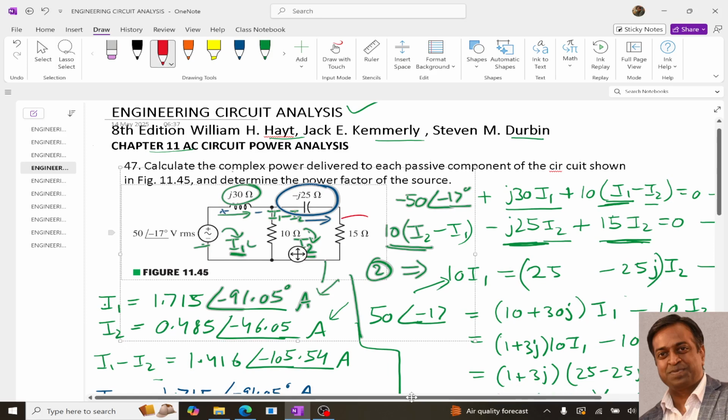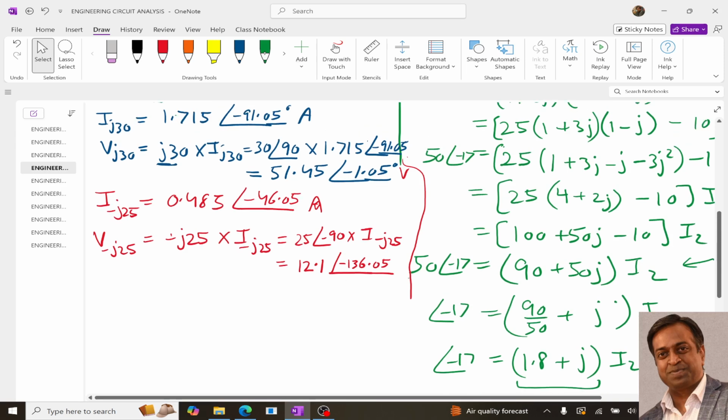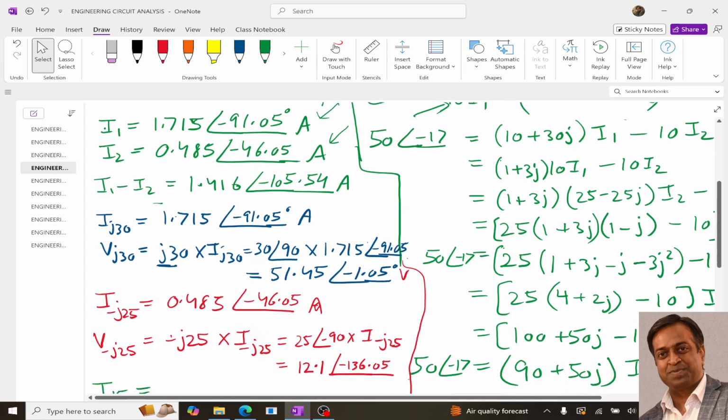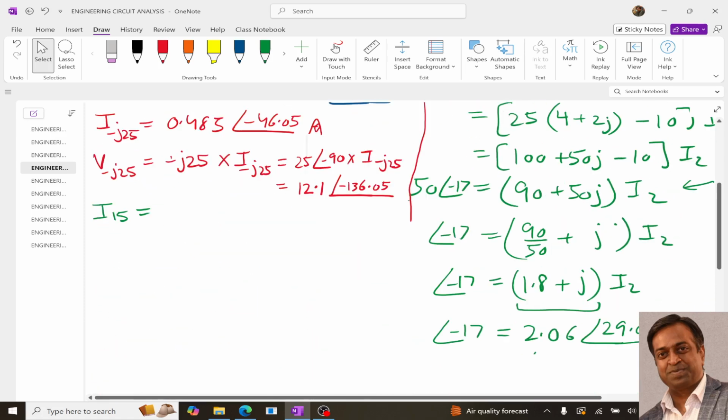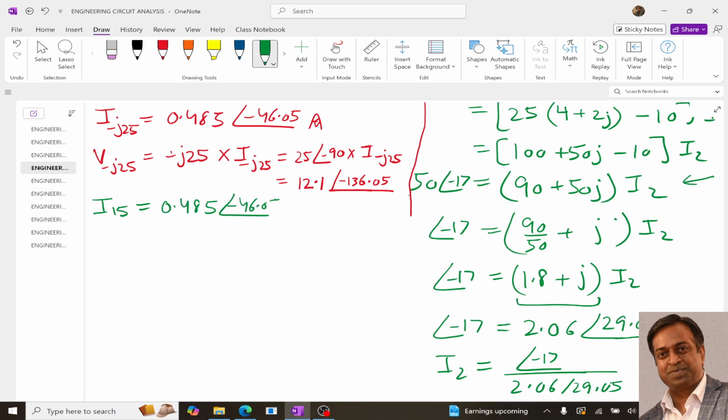Now coming to the 15 ohm, I2 current is flowing. I15 is I2, which is 0.485, angle minus 46.05 amperes.